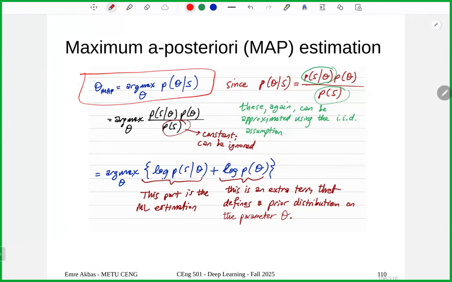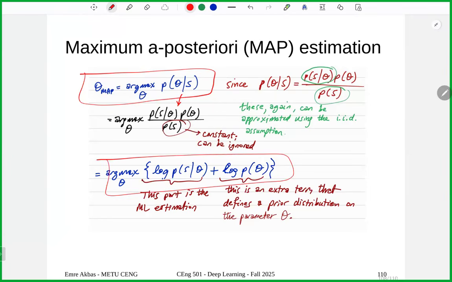Using the Bayes theorem, you can write this expanded like this. In the denominator, you have the probability of data. It is constant and can be ignored. And then at the end, you arrive at this one, which is similar to maximum likelihood.